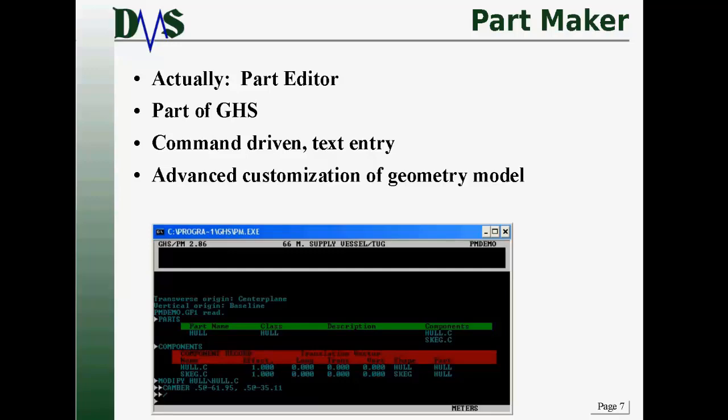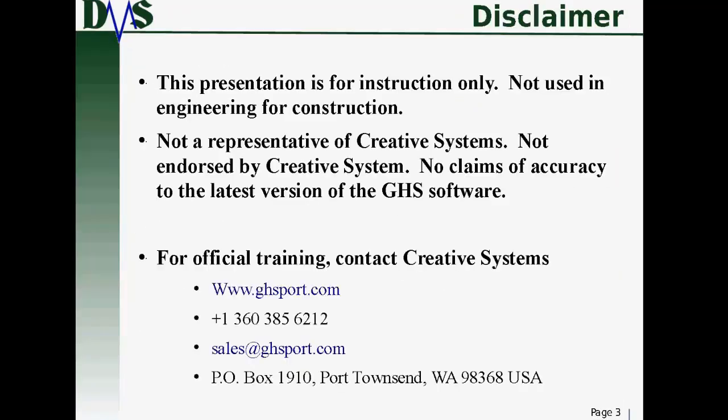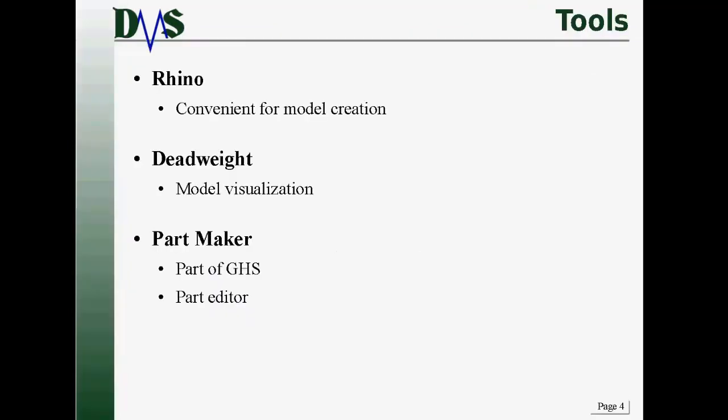Now, if you were to ask me which one of these three tools you should use, I would say that you should use all three: Rhino, DeadWhite, and PartMaker. If you can afford the budget, get comfortable using all three of them.